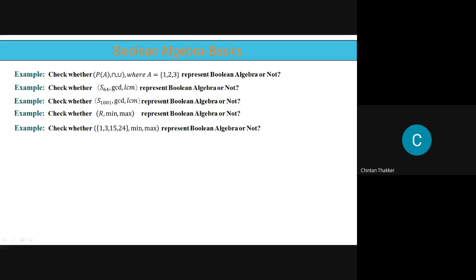Yes, because it has a prime factorization 2, 5, 7. So there is no repetition, so it is a Boolean algebra.